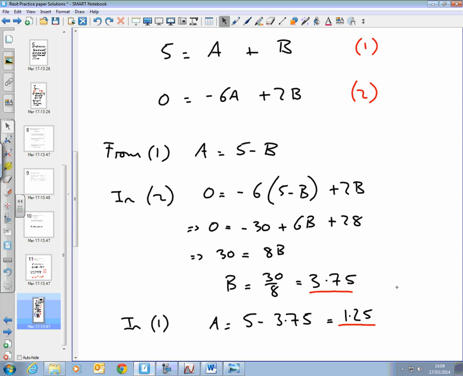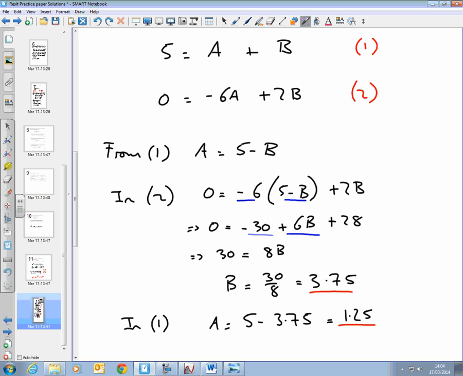Okay, so, I've done it both ways, so let's have a look. First of all, from equation number 1, I've rearranged it for A equals 5 minus B. Then in equation 2, instead of A, I've written 5 minus B. Expanding out this bracket, minus 6 times 5 is minus 30, minus 6 times minus B is plus 6B.